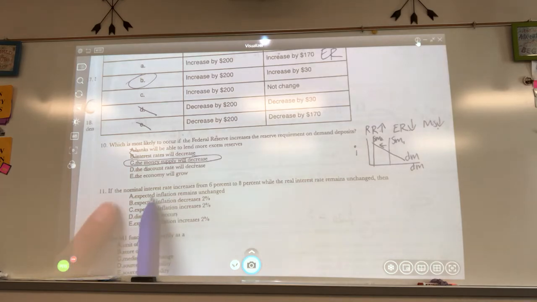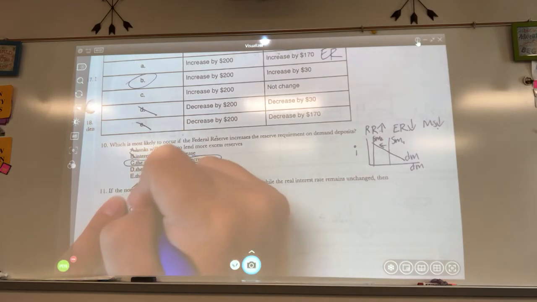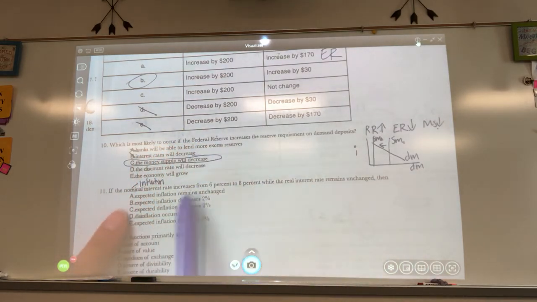Alright, if the nominal interest rate, so nominal means what? Inflation, right? That's the inflation one. Increases from 6 to 8%, while the real interest rate remained unchanged, then the expected inflation rate remained unchanged?